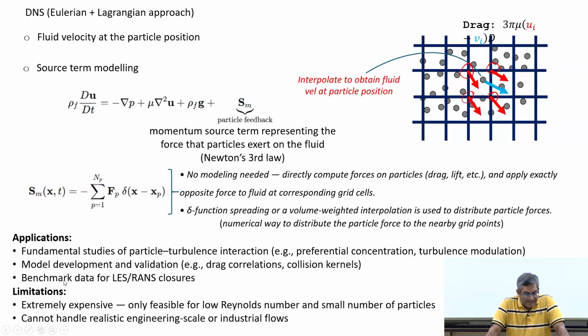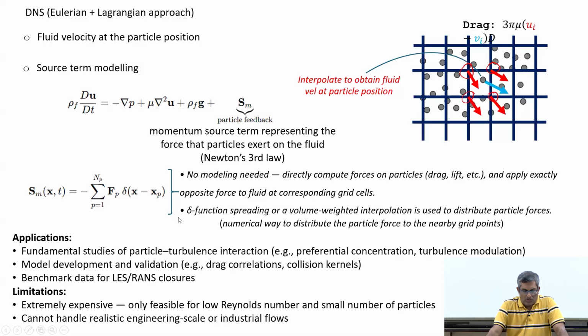And this acts as benchmark data for LES and RANS models, especially the closures that we use for RANS and LES calculations. So the DNS can provide the data for validation. And this is extremely expensive. It is only feasible for low Reynolds number flow and when we have a small number of particles, and it cannot handle realistic engineering or industrial flows.